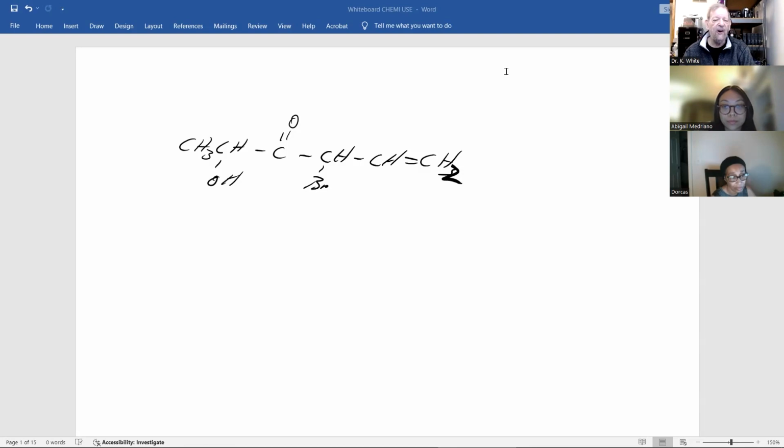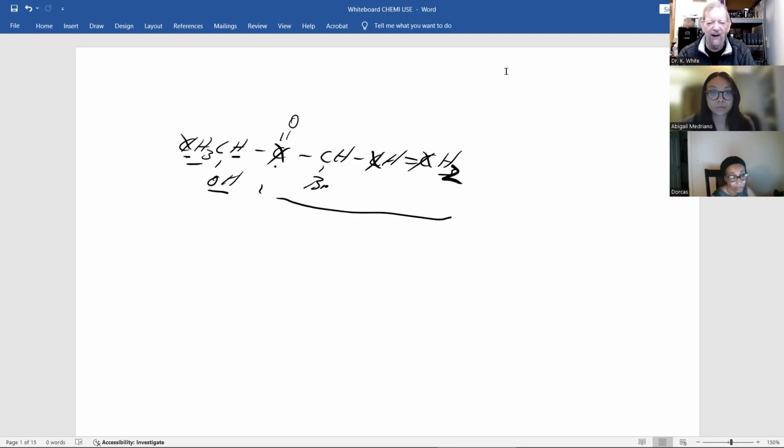Okay, so if you look at this molecule, this carbon has 3 hydrogens, so it's out. This carbon is in a double bond. If it's in a double bond or triple bond, it's out. These are in a double bond. They're out. So that leaves us 2 carbons. This one has a hydrogen, hydroxy group, a methyl, and all this.